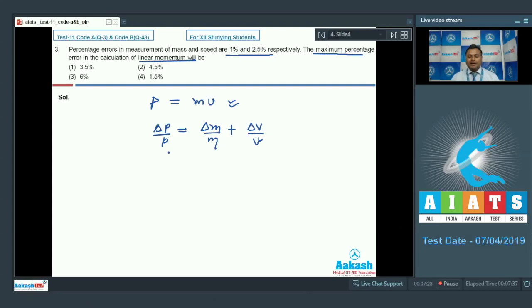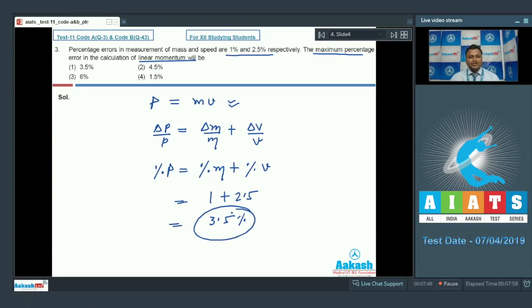Now, if we multiply by 100 both sides, then we will get the respective percentage errors. So, therefore, percentage error in P will be equal to percentage error in mass plus percentage error in speed. Already given 1 plus 2.5, that is 3.5% will be the percentage error in momentum. Option number 1 is absolutely correct.